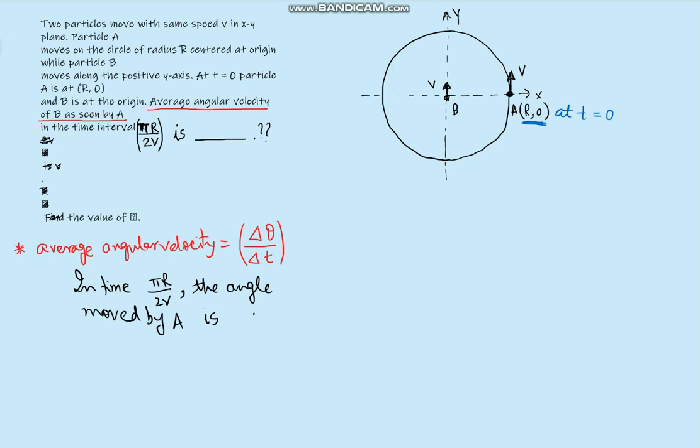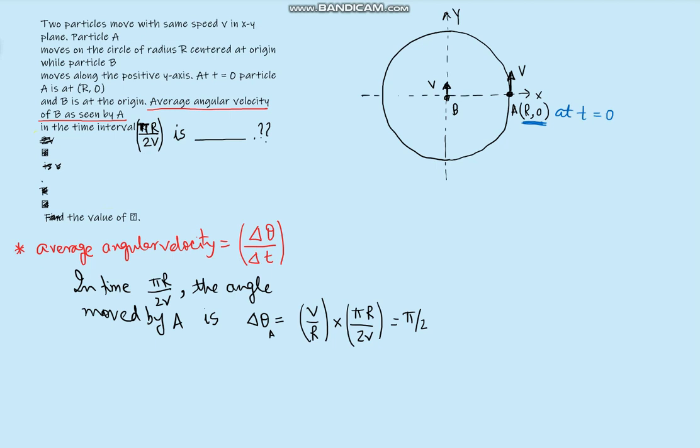So the angle rotated by A is the angular speed v by r multiplied by the time pi r by 2v. So we get pi by 2. That means the particle A moves by 90 degrees, pi by 2.